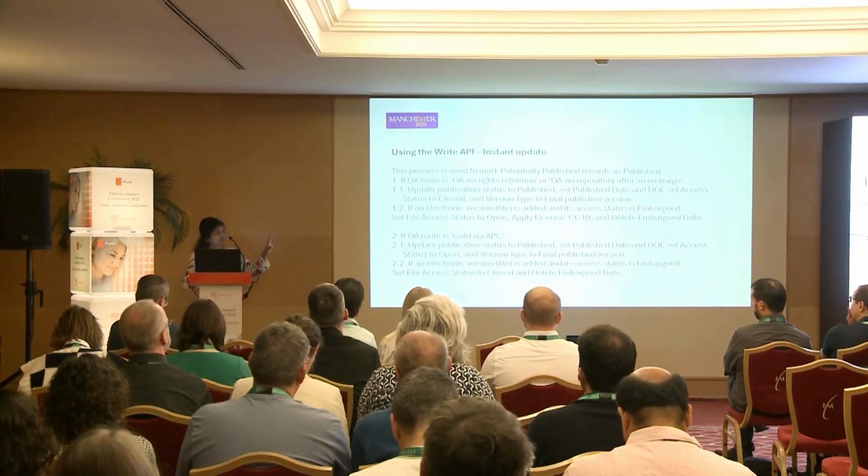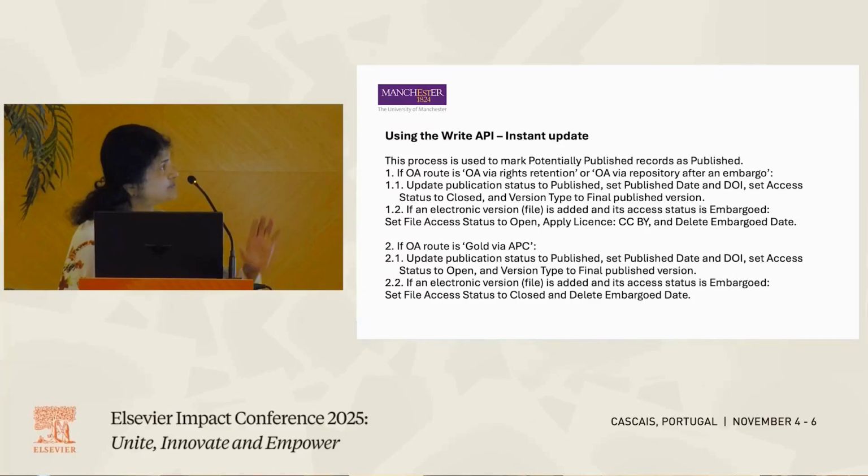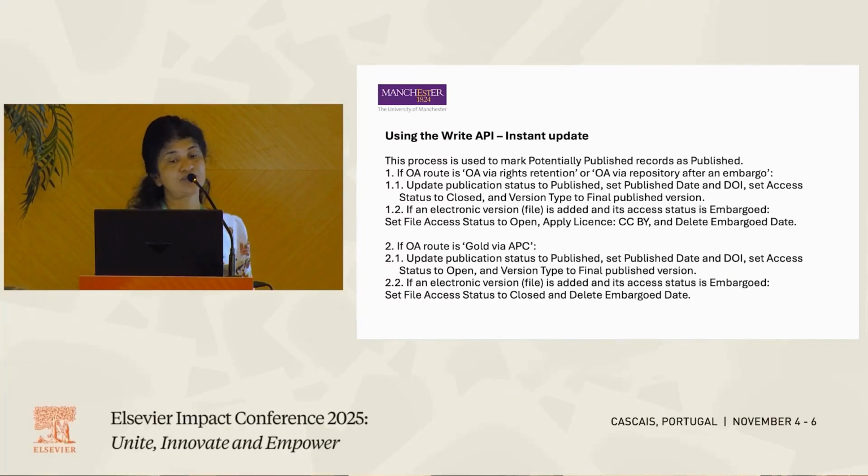This example I'm going to talk about is using the Write API for instant update. This process is used to move the records from potentially published to published. Steve was talking about different open access routes, and depending on the open access route, the Pure record is updated differently.